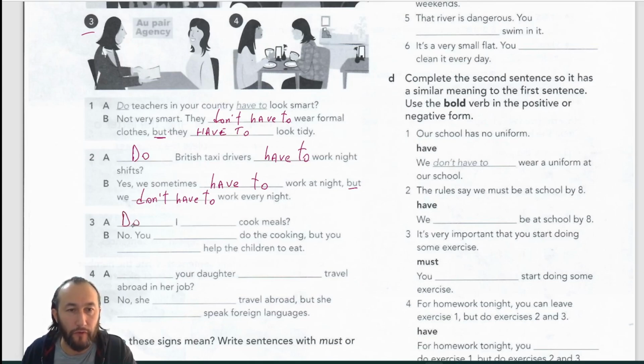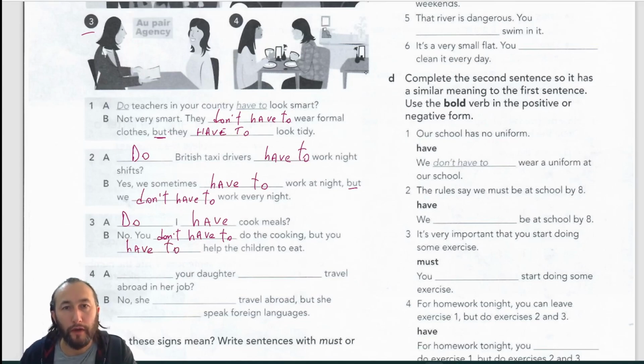Do I have to cook meals? No, you do the cooking, so you don't have to. You don't have to do the cooking, but you have to, according to the rules, yes? So you have to help the children to eat according to the contract rules.